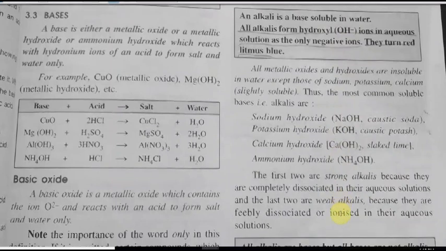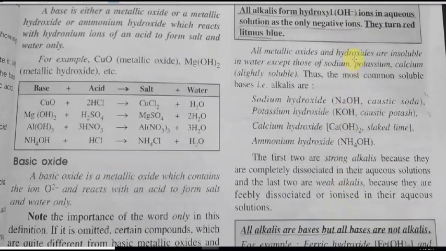Now we can say all metallic oxides and hydroxides can be soluble or can be insoluble. So all alkalis are bases, but all bases are not alkalis. Now let us see some examples of alkali. NaOH, KOH, calcium hydroxide, ammonium hydroxide. These are alkalis.